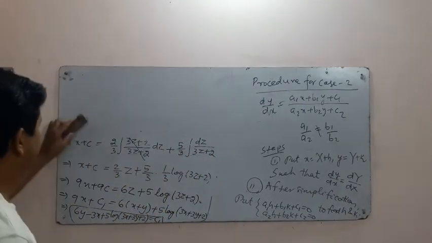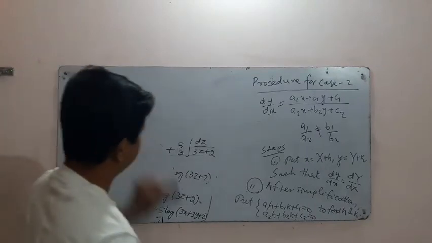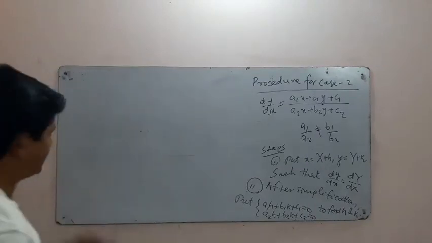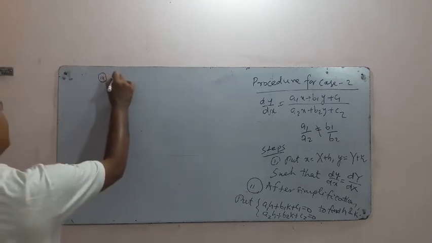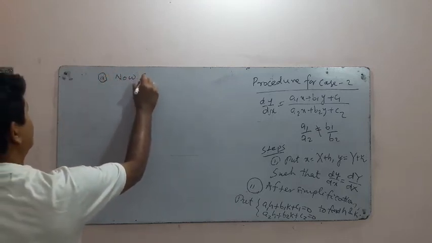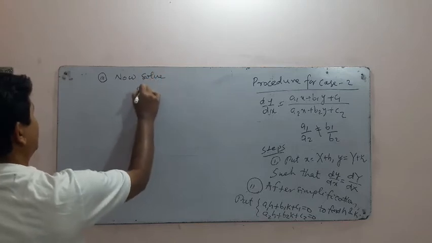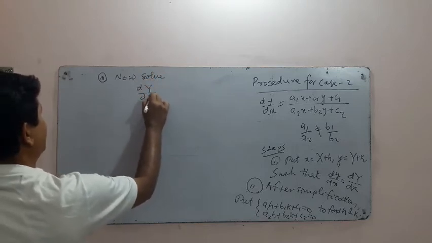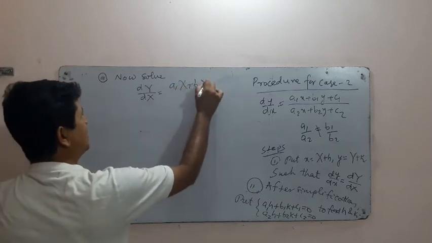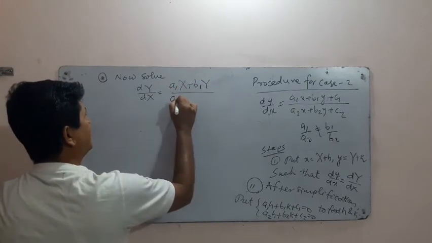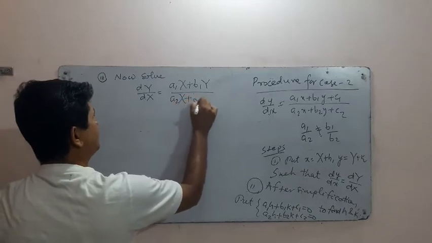Now, third step. Now solve d capital Y by dx is equal to a1X plus b1Y divided by a2X plus b2Y.